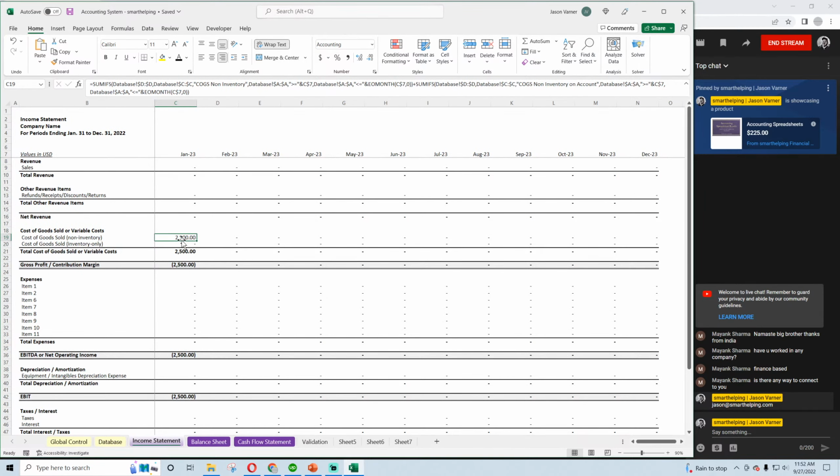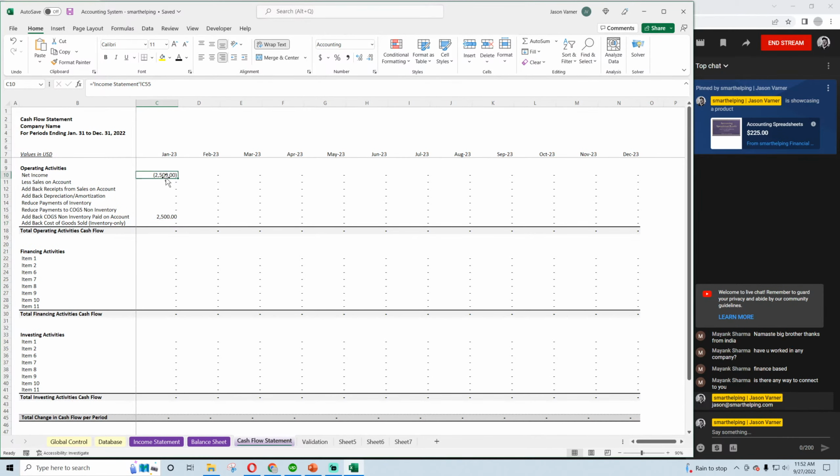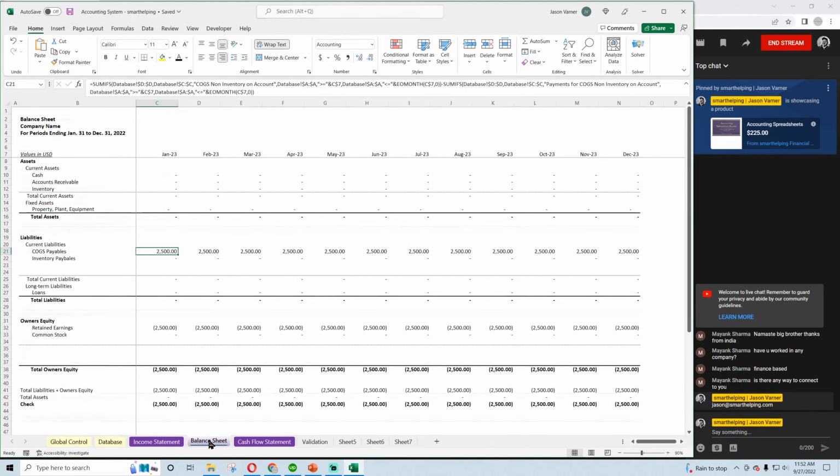Income statement still 2,500 down. That makes sense. Cash flow, nothing's happening because it's being incurred on account. Balance sheet, here's where we're off. So if we pay, I mean, we didn't pay this expense yet. So our payables is up.